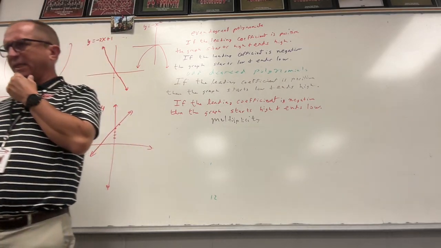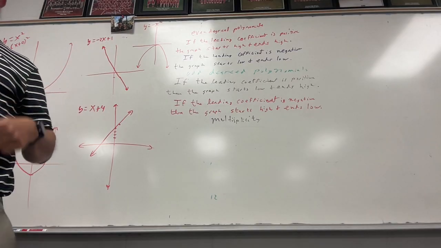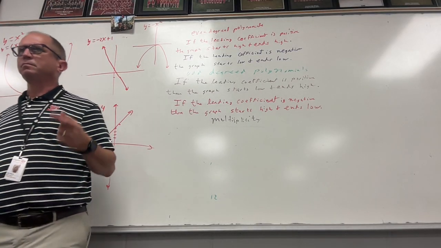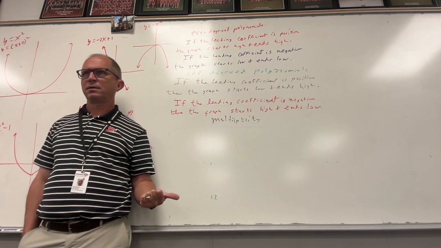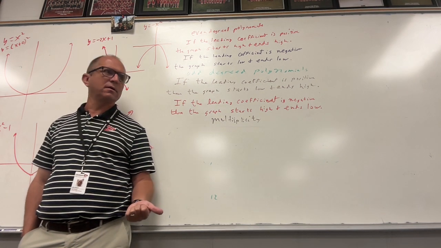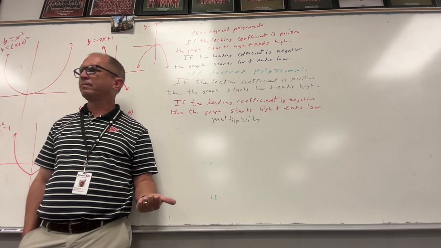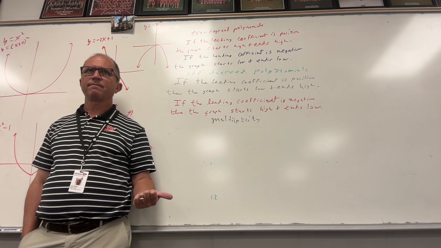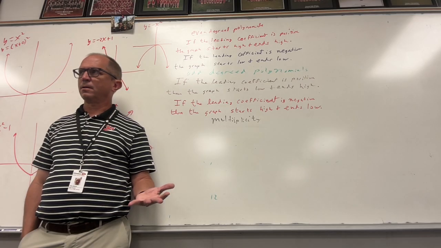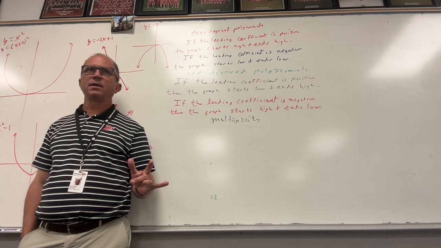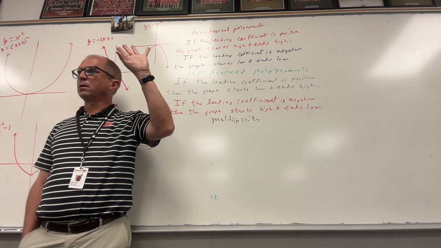The multiplicity of a root is the exponent of the factor associated with the root. Does everybody have that, or do I need to repeat it? Good? Okay. All right, everybody's good?